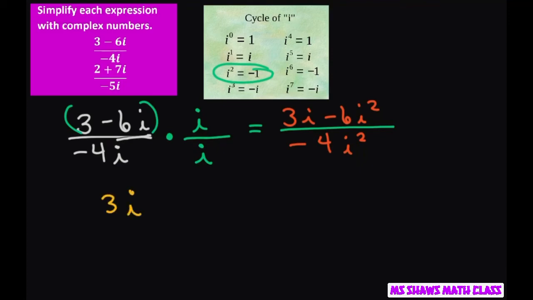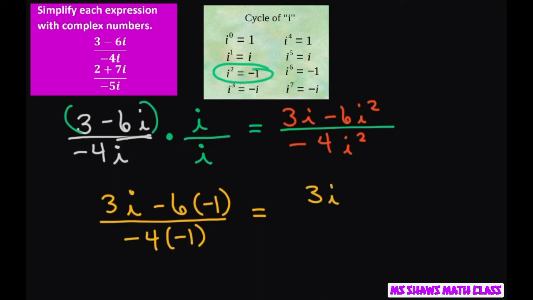So we have 3i minus 6 times negative 1, divided by negative 4 times negative 1. So that's going to give us 3i plus 6, sorry, divided by 4.